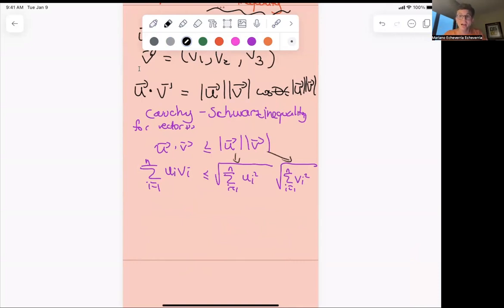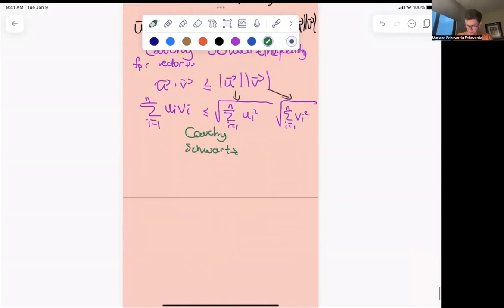And if you write it that way, then it looks a lot more intimidating, right? It's not a difficult inequality to prove, but it looks a lot less silly if you write it this way. The thing is, there's a version of this for integrals.